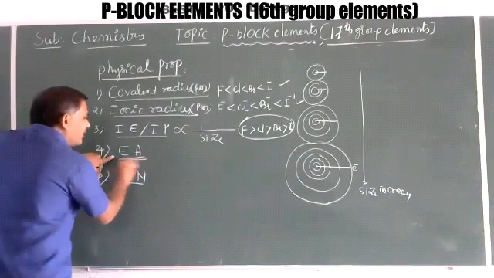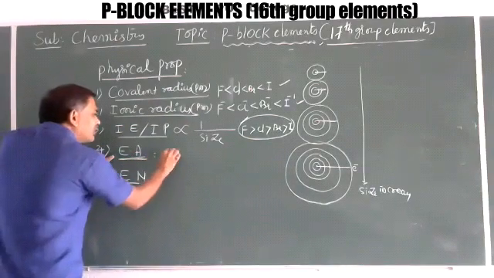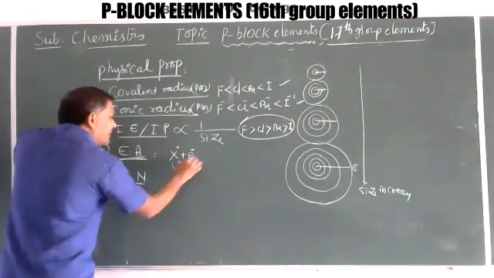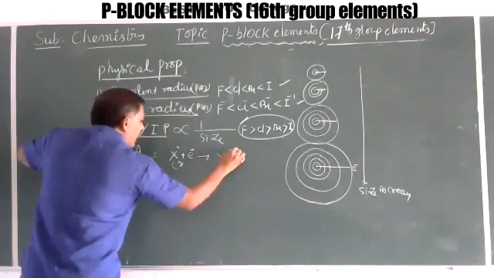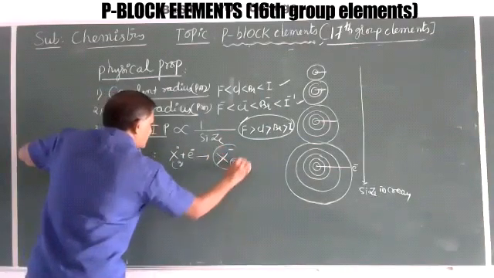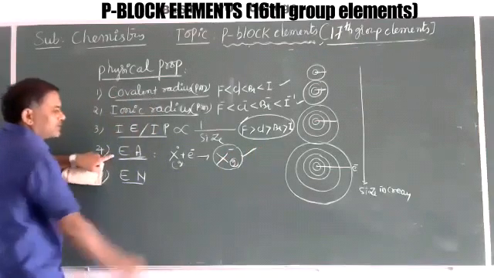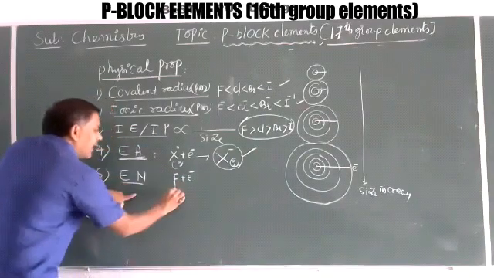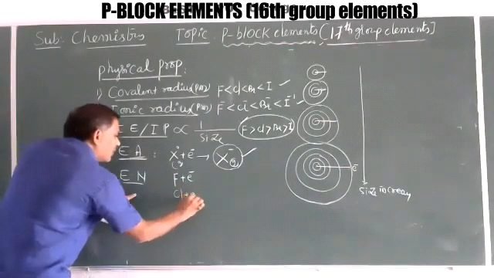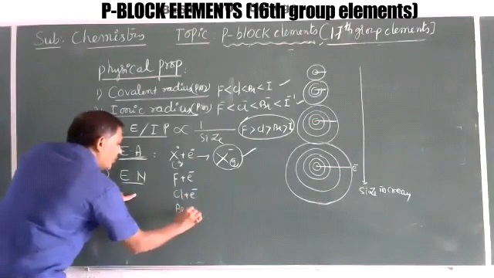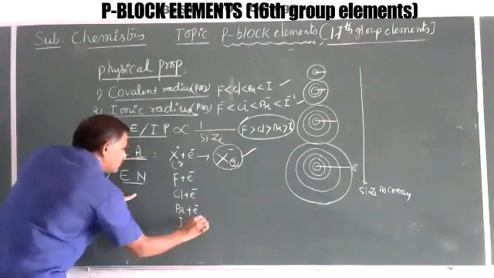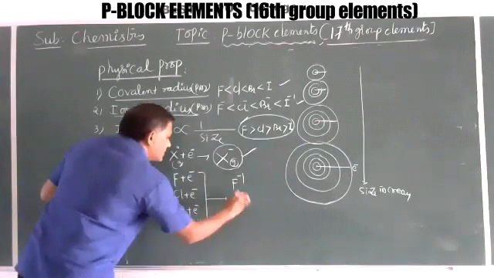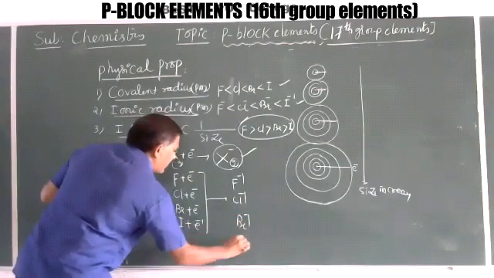Now electron affinity: we know it is the amount of energy released when one electron is added to an isolated neutral gaseous atom to get the X minus, the mono-negative ion. So you are adding one electron to fluorine, one electron to chlorine, one to bromine, one to iodine. It forms F minus, Cl minus, Br minus and I minus.